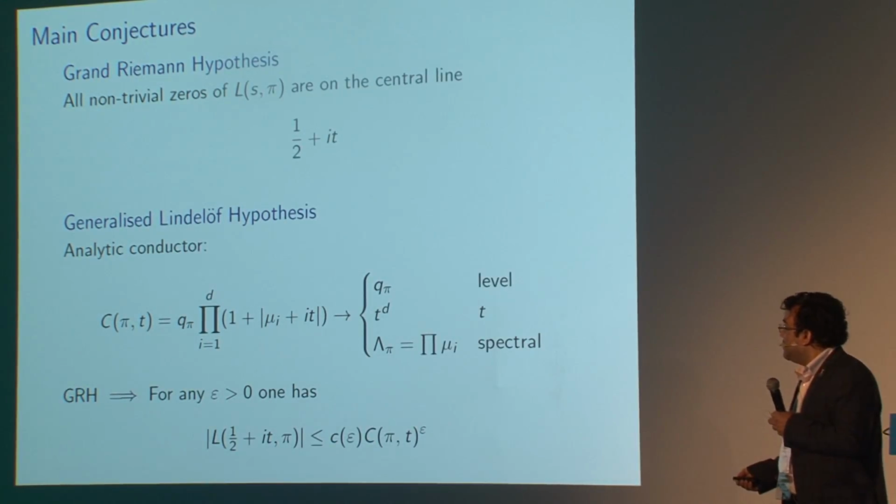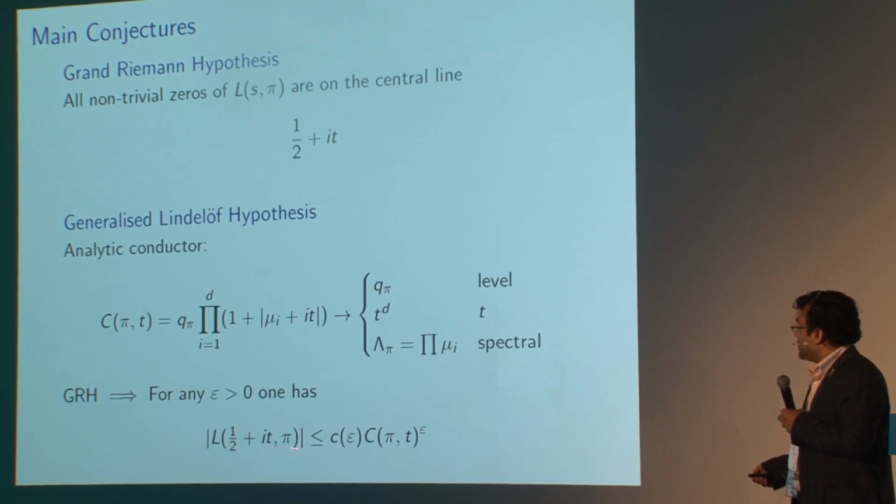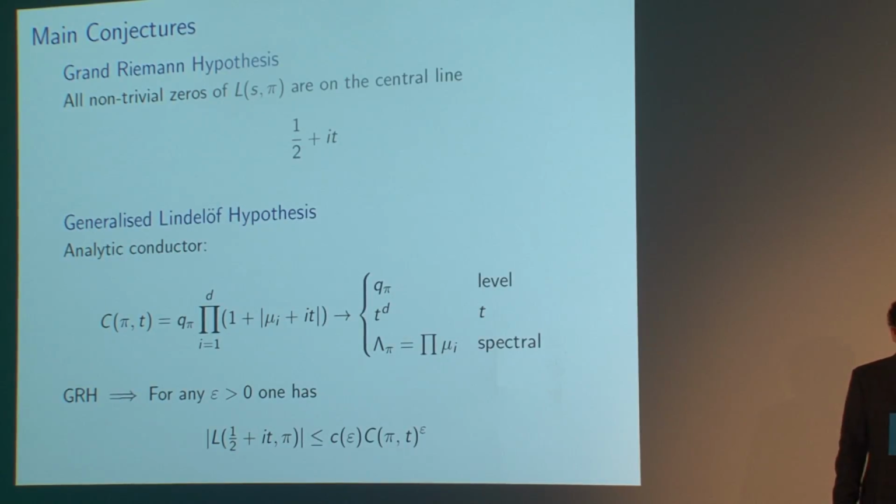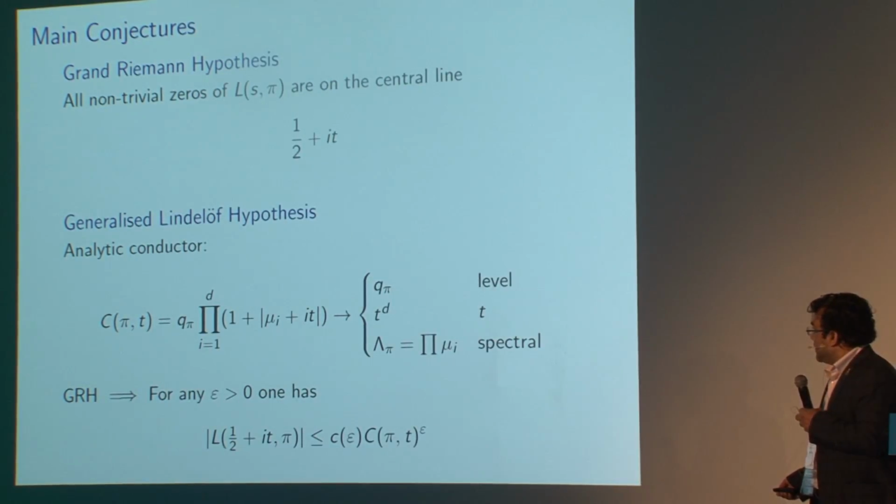Okay, so GRH implies that the size of this L-function is bounded by the conductor to the power epsilon. So the size cannot grow too big. For any positive epsilon, there is a C_epsilon such that this is bounded by C_epsilon times the conductor to the power epsilon.